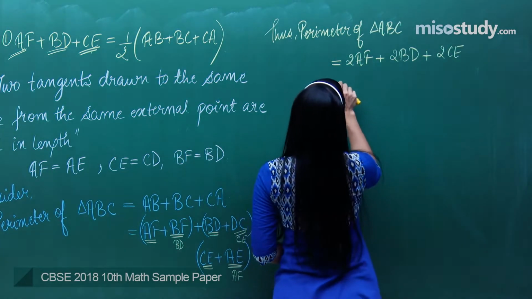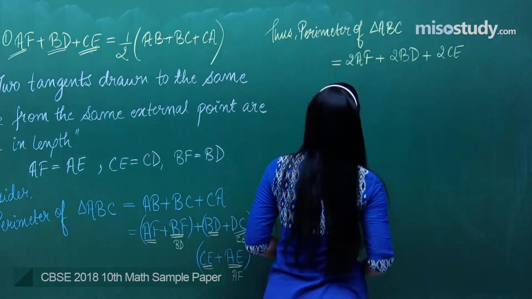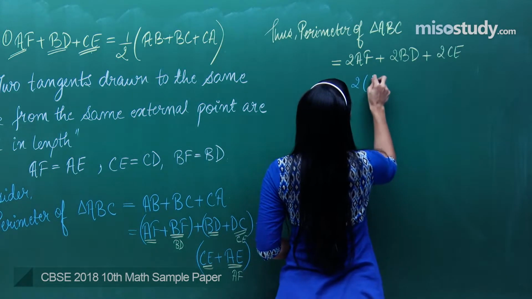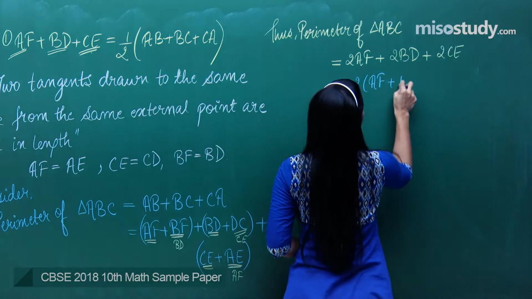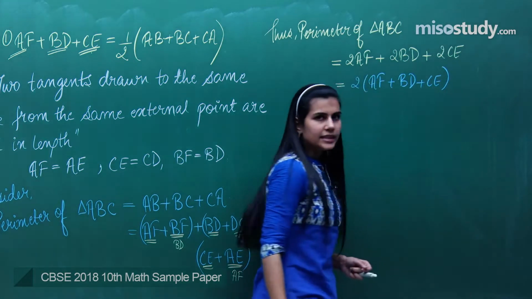And this further can be written as twice of AF plus BD plus CE.